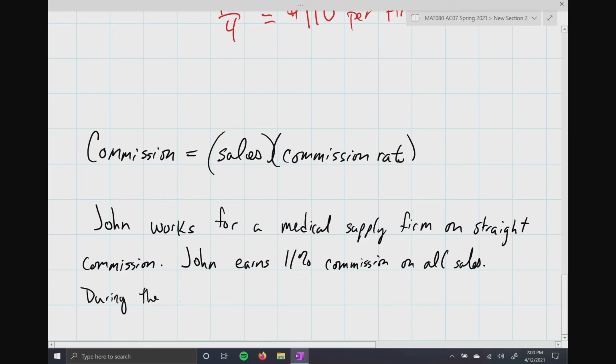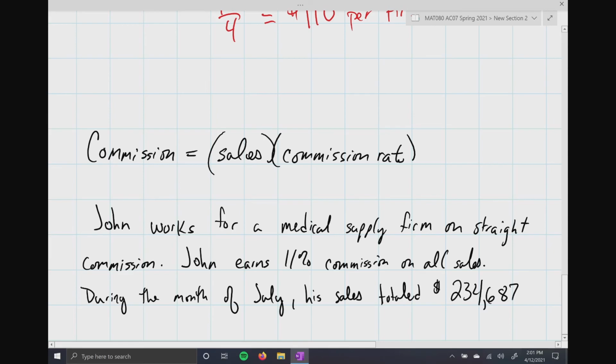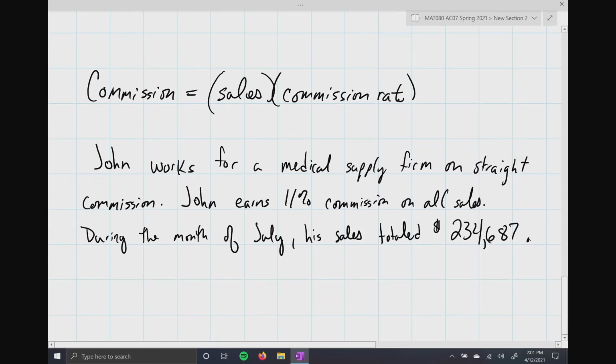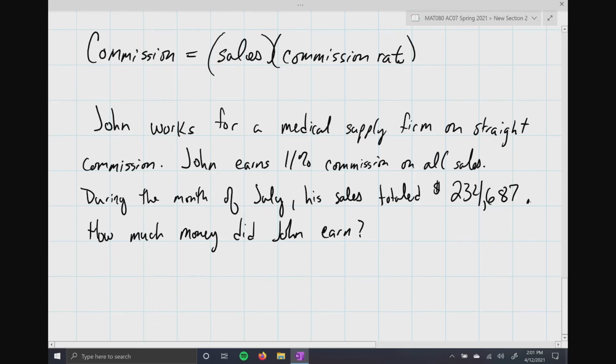During the month of July, his sales totaled $234,687. How much money did John earn? Okay, very straightforward question.